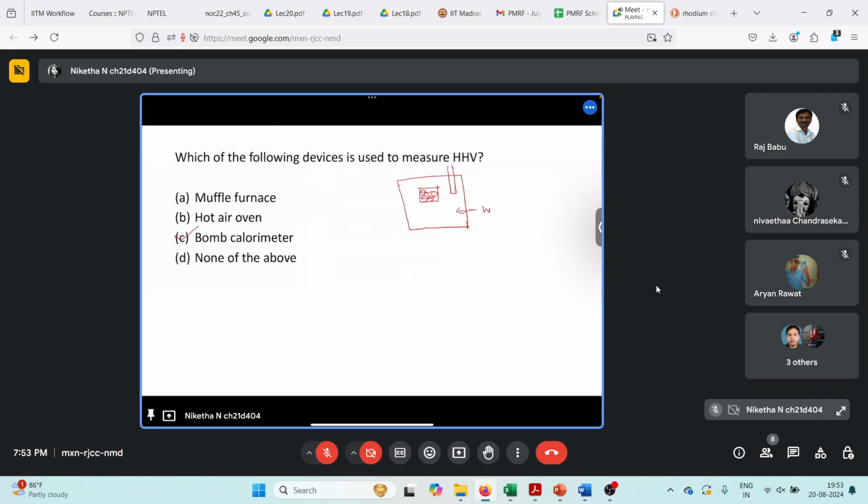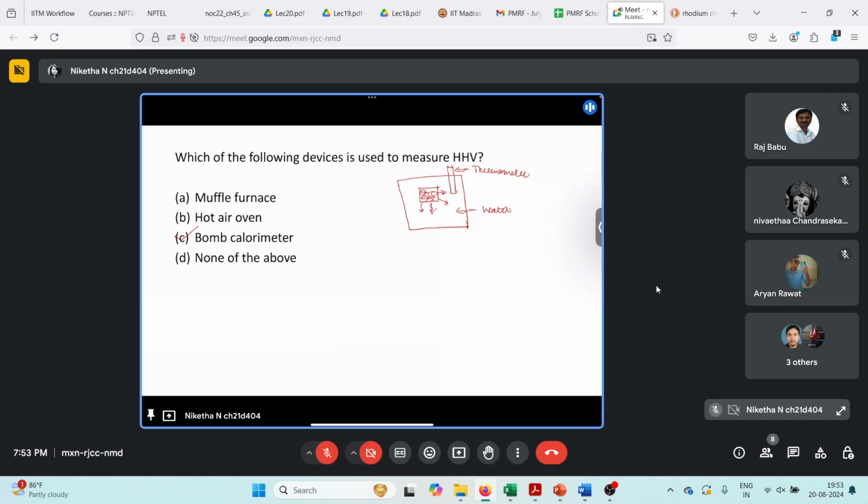So the basic idea is that whatever heat is produced by the combustion of the waste, the heat will escape and it will come to the water, and the thermometer that is here will measure the change in temperature with the combustion. So at some point the temperature of the water will rise. This rise in temperature will correspond to the combustion and the energy release by the waste as it burns.